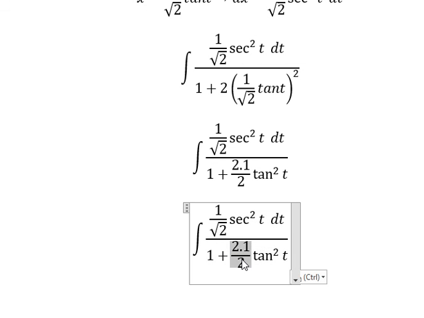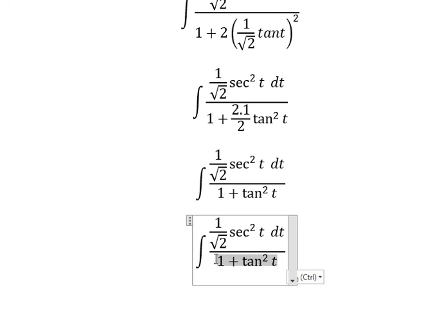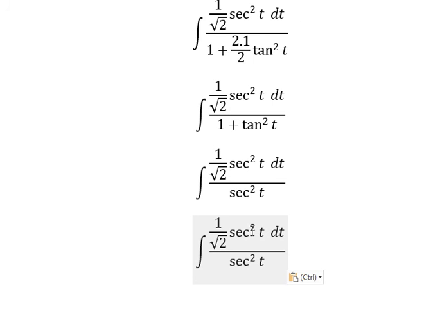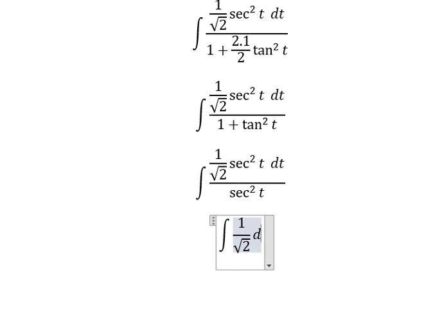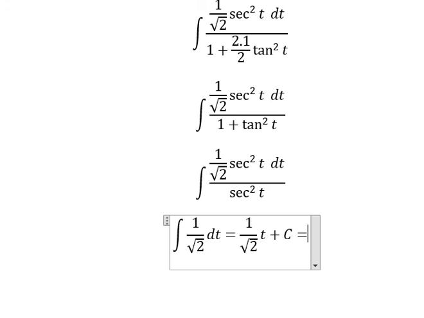So we simplify number 2. And we got secant of t squared. We simplify this one, and we got this one. And we got the final answer.